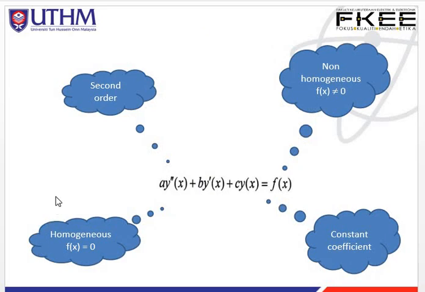First of all, we need to know the terminology of second order, non-homogeneous, homogeneous, and constant coefficient. Let's say a second order differential equation is in the form of this one. If you look at this linear equation, why do we say that this equation is second order?